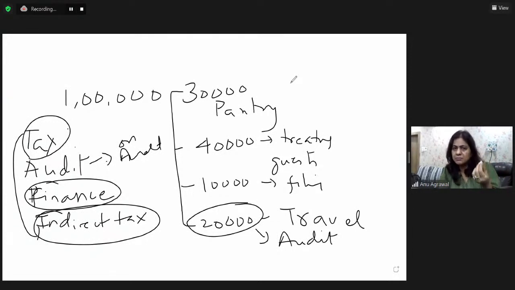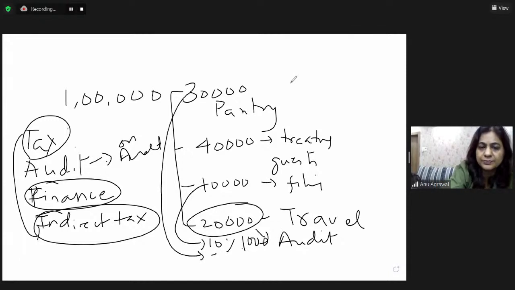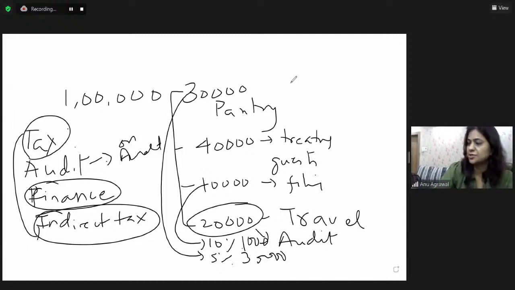Maybe he might be using, out of 30 days, one day he's using the pantry, and you can say 10% of the filing cost belongs to the audit. And maybe like 10% of this 10,000 should go here. Right? That is 1,000. And let's say 5% of this. But this much expenditure should go to the audit guy. Yes or no? Logic. This is what logic says.